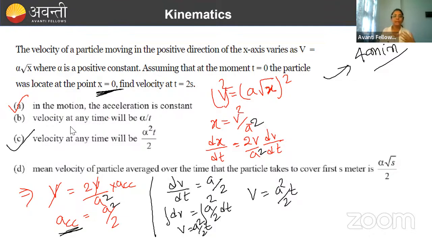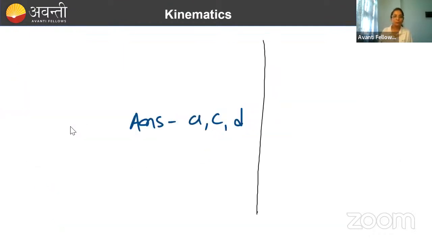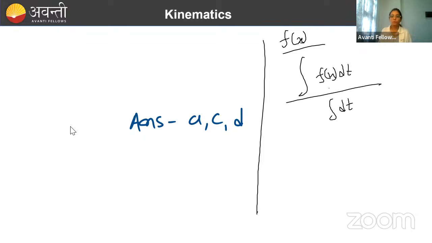So how do we calculate the mean of anything? Suppose you have to calculate the mean of any function f(x). What you will do is integrate f(x) with respect to time, and divide it by time. This is how we calculate the average of any function. It should also be given in time actually. So integral of f(t) dt divided by t.